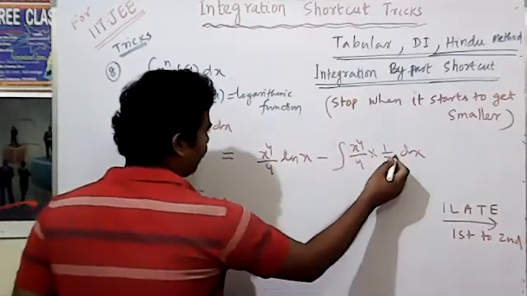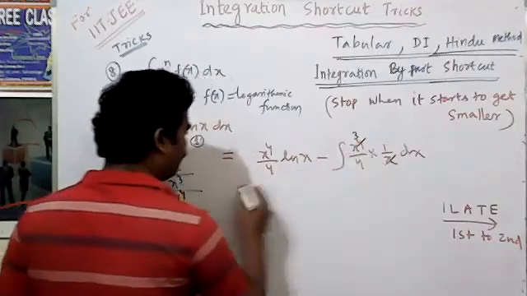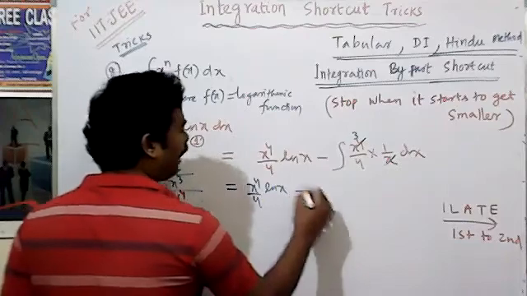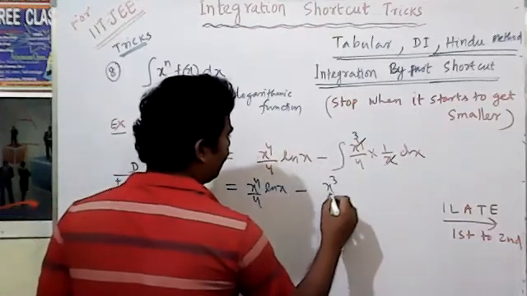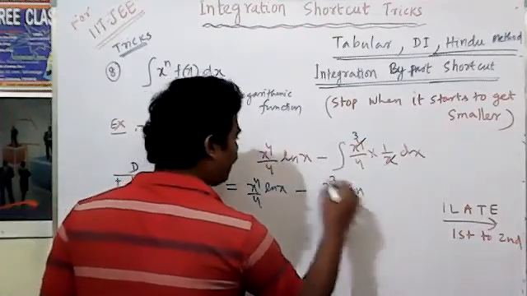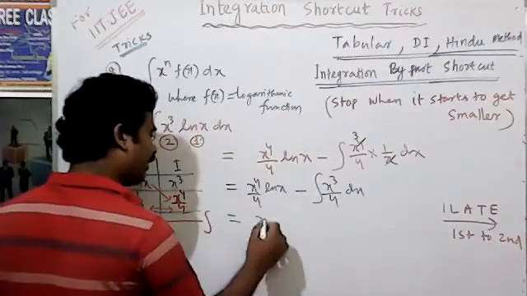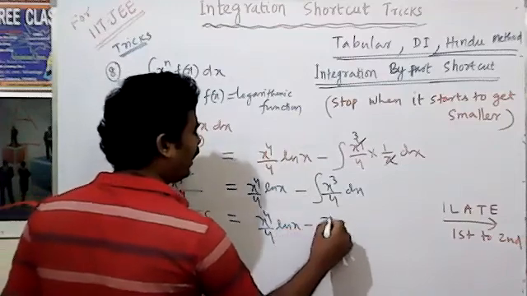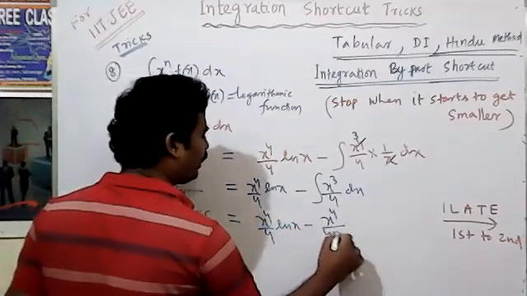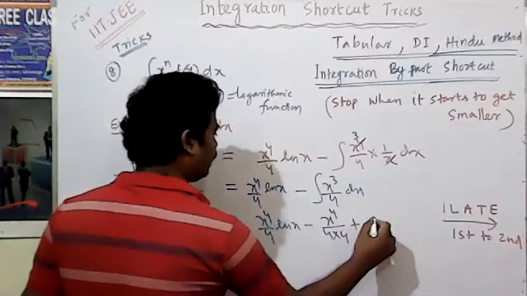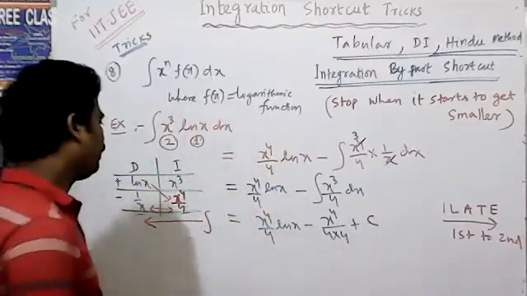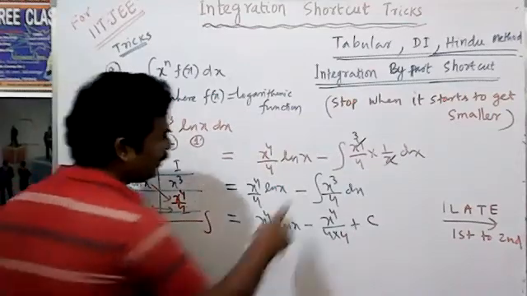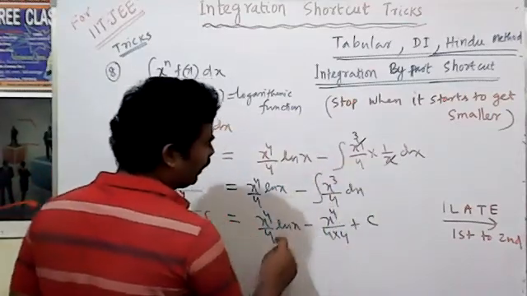Now here cutting, that is x to the power 4 by 4 ln x minus the integration of x cube by 4 dx. This means x fourth by 4 ln x minus x fourth by 4 into 4 plus c. This is the answer, because it is the integration of x cube by 4.